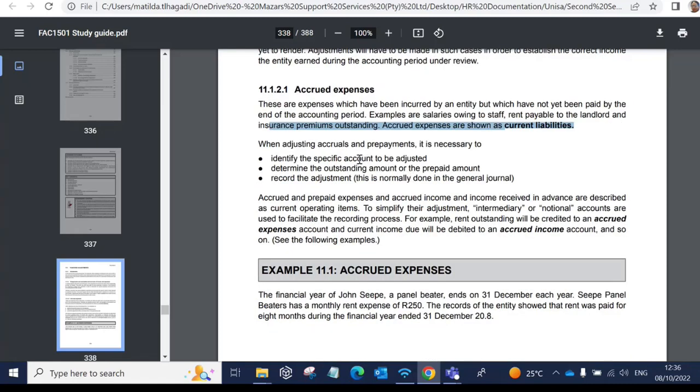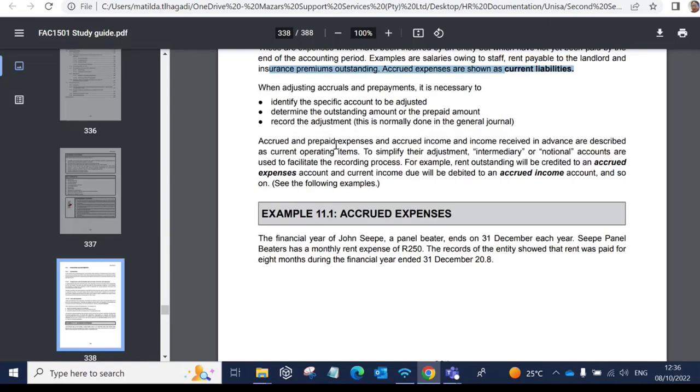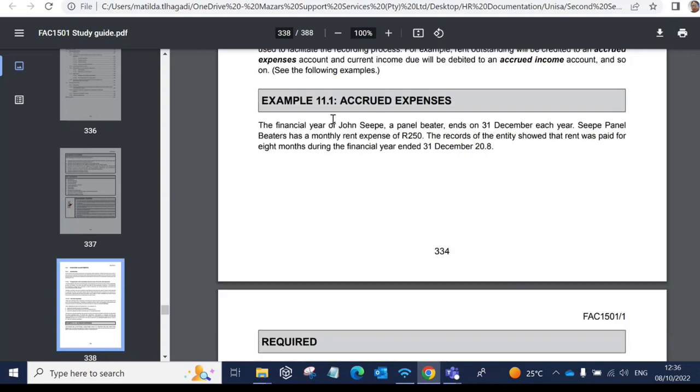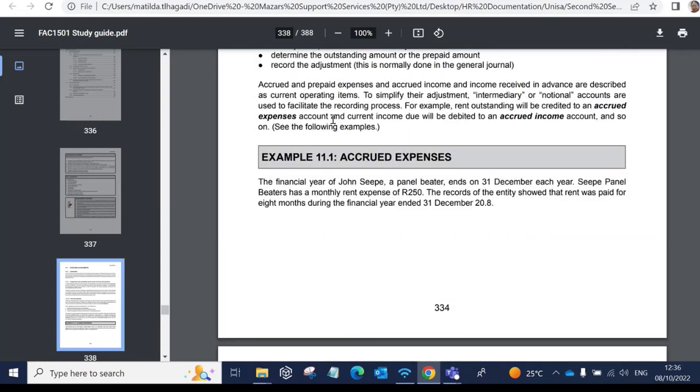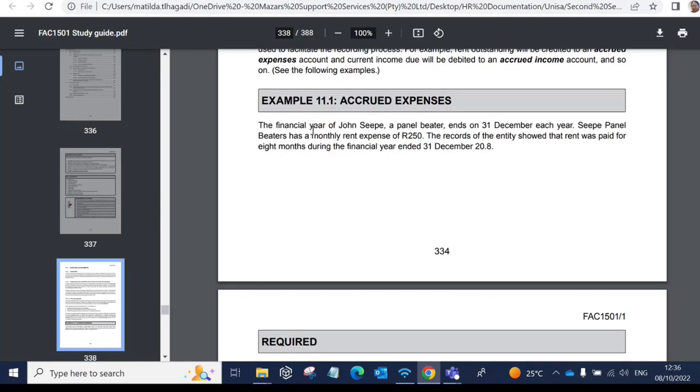So when adjusting accruals and prepayments, it is necessary to identify the specific account to be adjusted, determine the outstanding amount or the prepaid amount, and record the adjustment. So let's look at example 11.1. Accrued expenses. The financial year end of John Sipe Panel Beaters is 31 December.